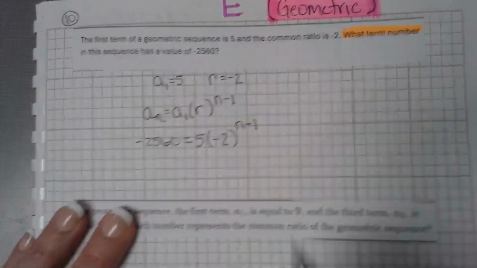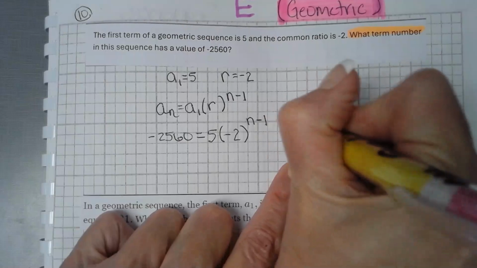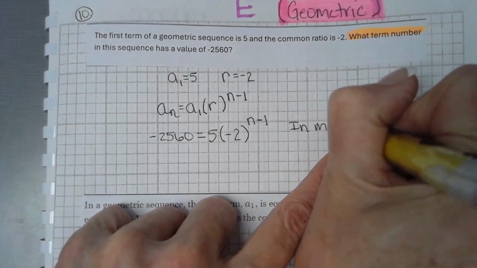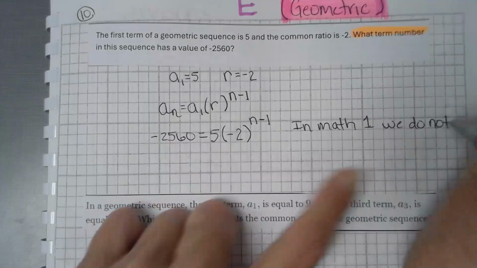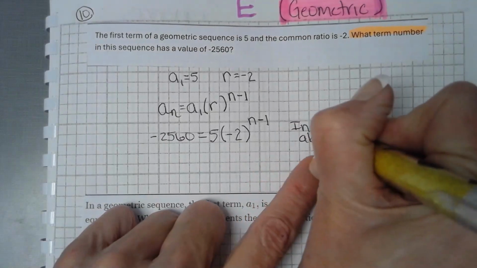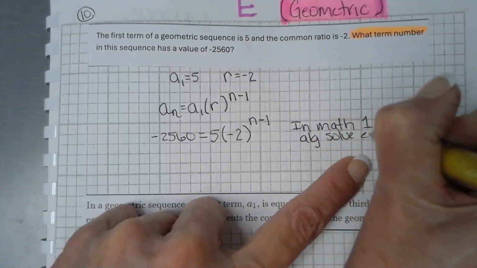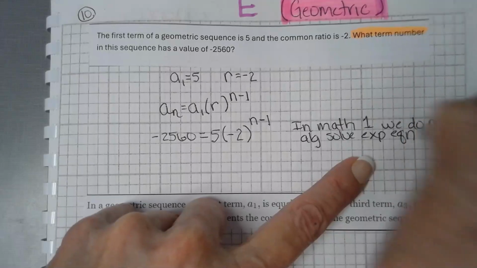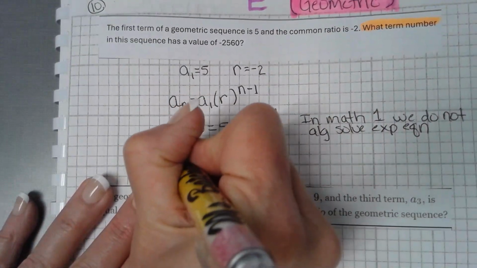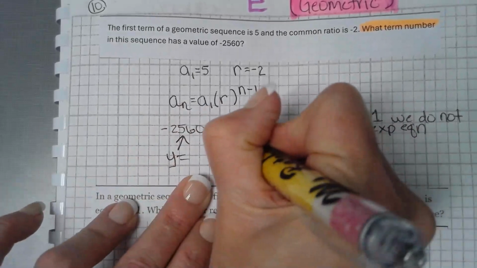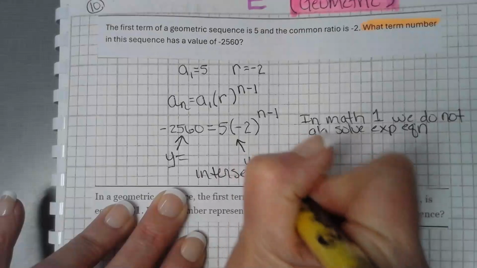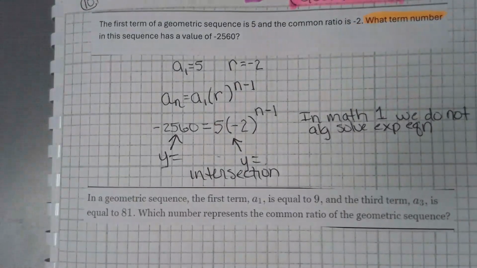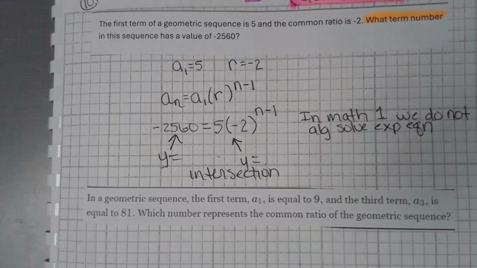So, if you want to write a little note, in Math 1, we do not algebraically solve exponentials. That's more like Math 3. So instead, what we're going to do is put this under y equals, and we're going to find the intersection. Y'all, we can also go in the table, just like we did on the other one. So I'm going to demonstrate both of them. So I'll let y'all get that written down.